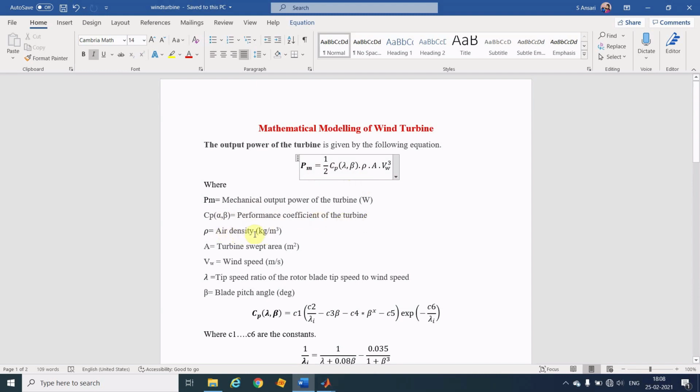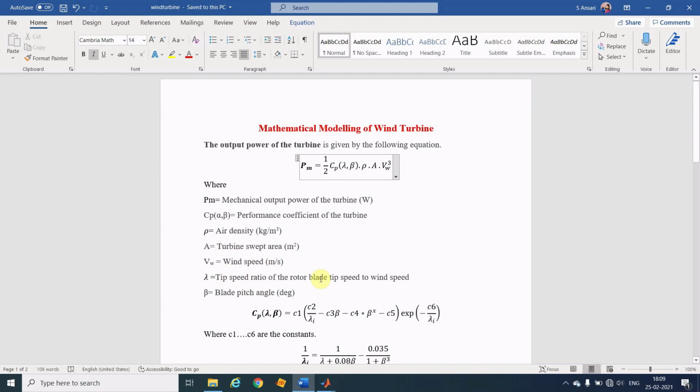Rho is the air density, A is the turbine swept area, and V is the wind speed. Lambda is the tip speed ratio, and beta is the blade pitch angle.